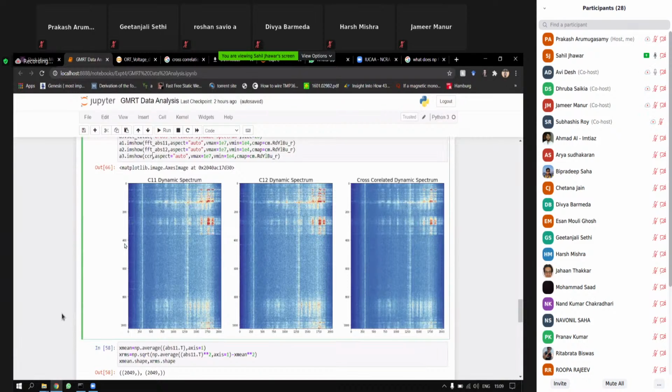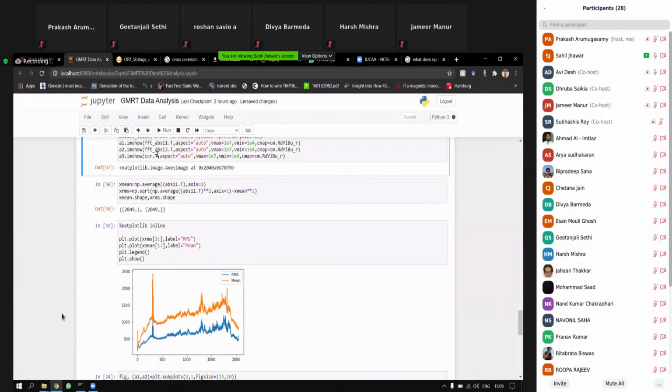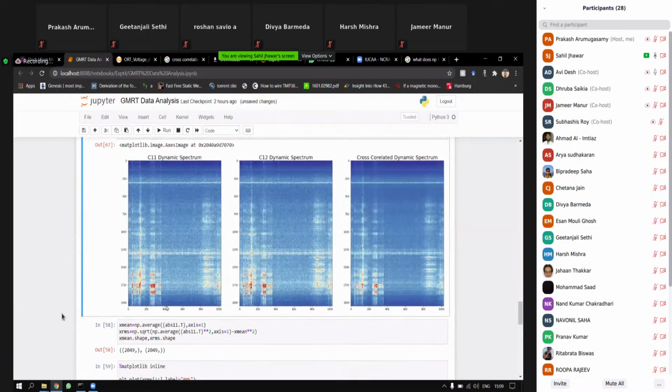I'll just show you what I got initially. Ruta ma'am said that there's some problem in the y-axis and the x-axis, and I'm not sure what she was trying to say.